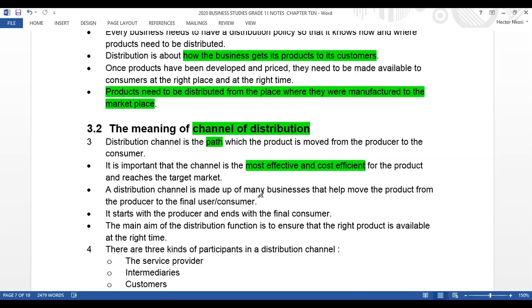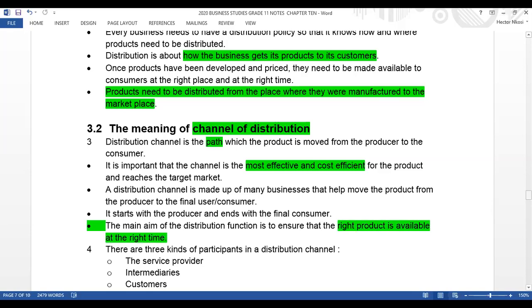Stores and businesses use different channels of distribution to get the stock into South Africa. Also, the main aim of the distribution function is to ensure that the right product is available at the right time, right? Very important.